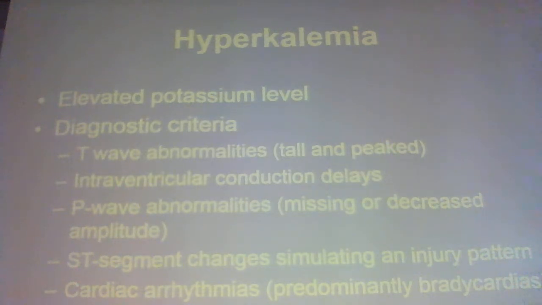So, when we start seeing these big, tall, peaked T waves, the way you remember it is, if you sit on that T wave, it hurts your butt, then that's probably hyper K. Okay? You can also see P wave abnormalities, either missing or decreased amplitude P waves. Cardiac arrhythmias, typically bradycardias.